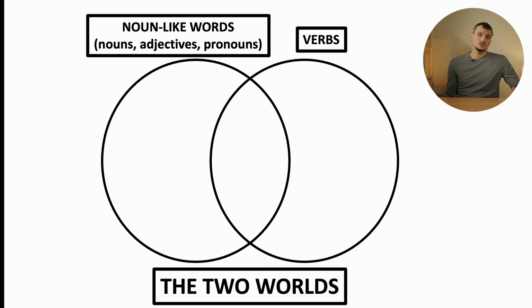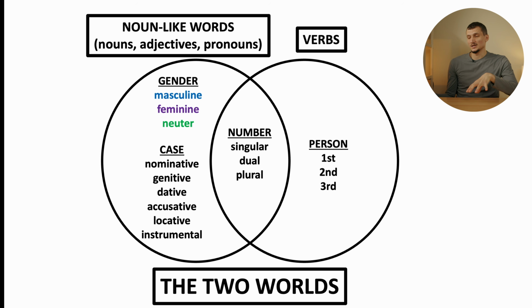We said nouns are words for things, people, places, and so on. Adjectives can describe them. Pronouns can replace them. And then we're only left with verbs, which are words for actions or states.